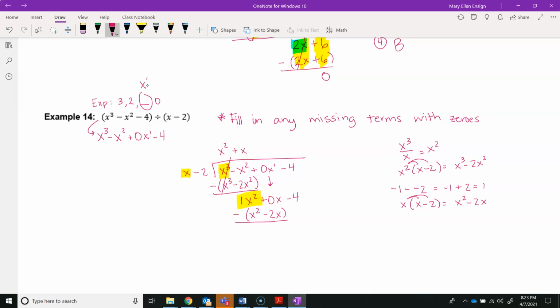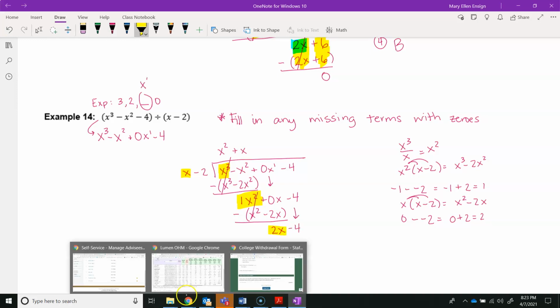If we hadn't added that as a placeholder, I'd have a negative 4 here, and I can't subtract 4 and negative 2x, and it would have gotten a little messy. So this just helps you keep that in line. So x squared minus x squared is 0. Here I have 0 minus negative 2, which is like 0 plus 2, which is 2. So 2x. Bring down the minus 4.